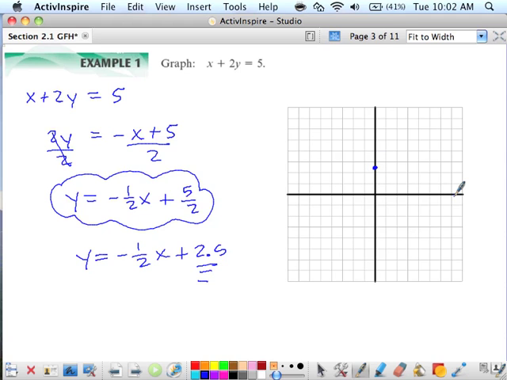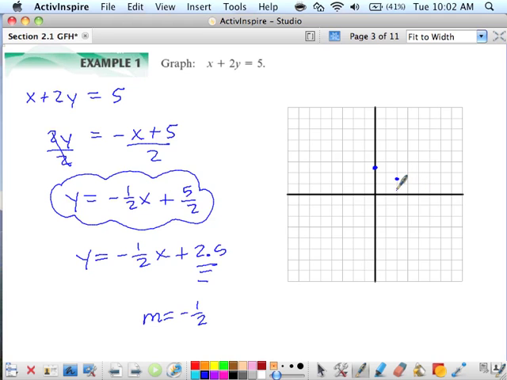So there's my y-intercept. From that y-intercept, I'm going to move the direction the slope tells me. The slope is negative 1/2. So that means I need to move down 1 unit and to the right 2 units. So down 1, to the right 2. And we could do that as many times as we want.